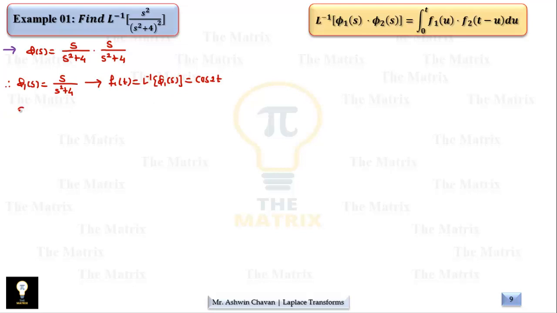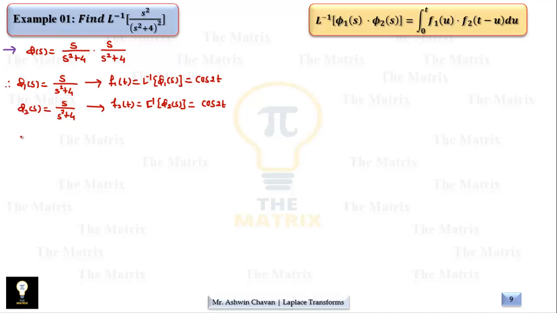Whereas phi 2 of s is also the same here, that is s upon s square plus 4. That's why it gives us f2 of t, which is L inverse of phi 2 of s, and that is also cos 2t. This is the inverse Laplace of s upon s square plus 4.